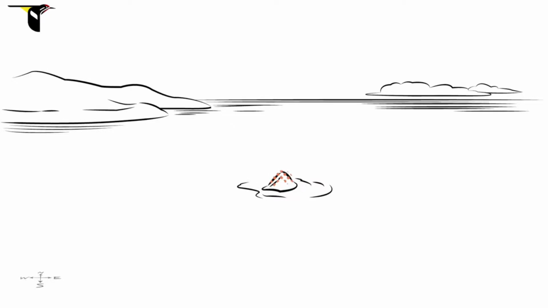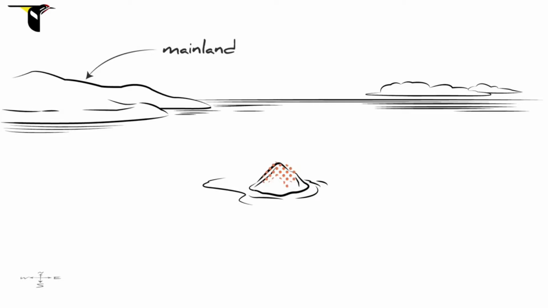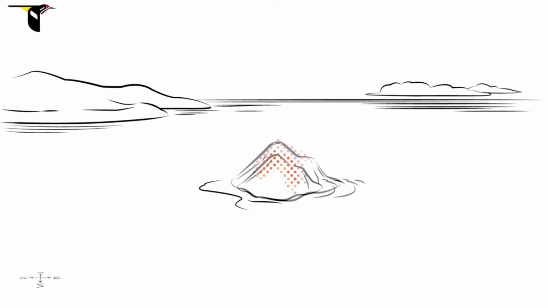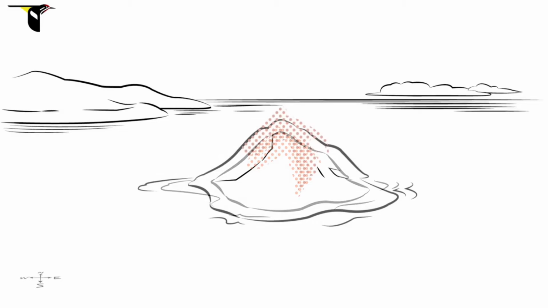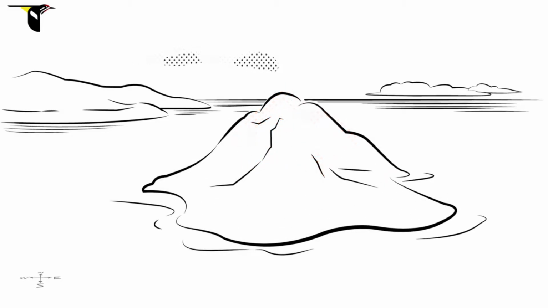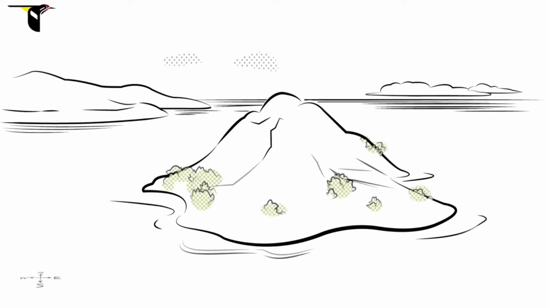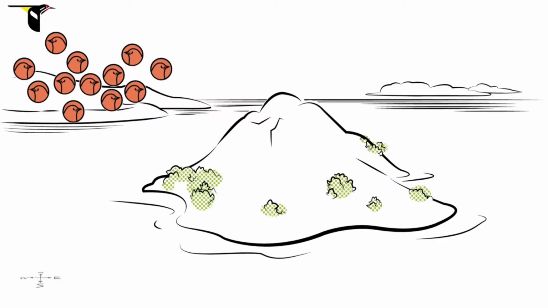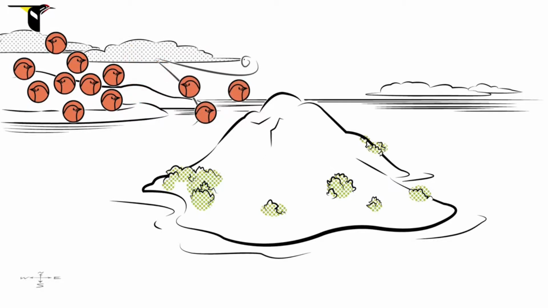This island rises out of the sea just off the coast of the mainland. Over 1 million years, as the island grows larger and less volcanically active, plants begin to grow. But there are no birds here yet. Then, one day, birds from a common species on the mainland are blown over by a storm and start a new population.